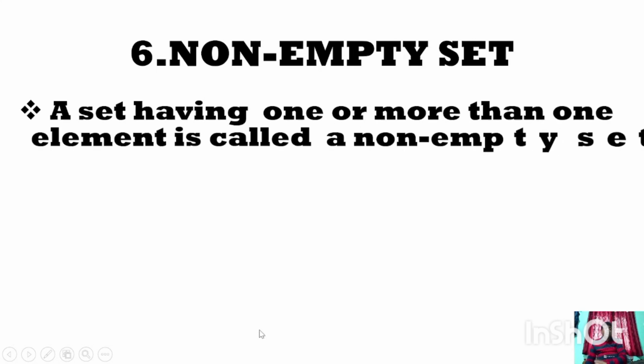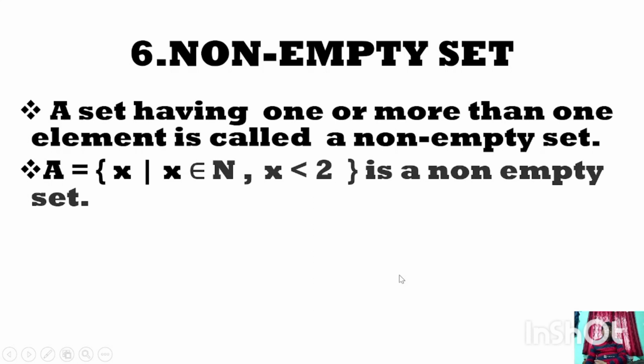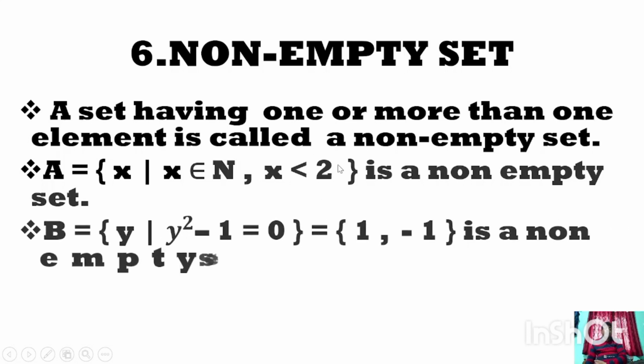Non-empty set. A set having one or more than one element is called a non-empty set. For example, the set A = {X : X belongs to N, X is less than 2} is a non-empty set because it has one element. Another set V = {Y : Y square minus 1 is equal to 0}.